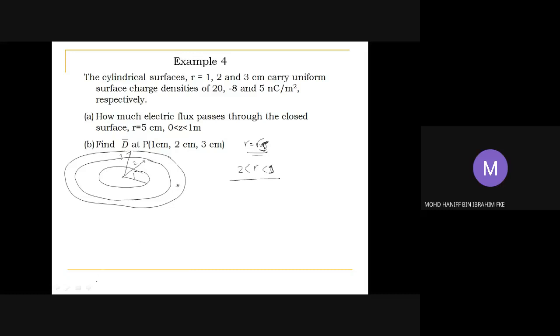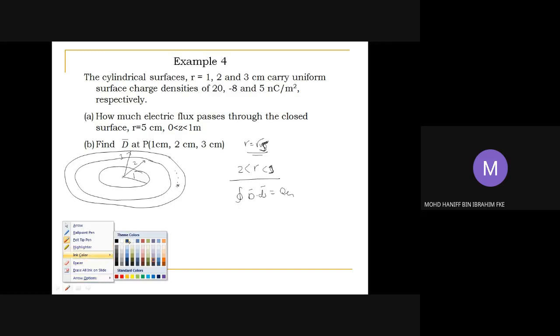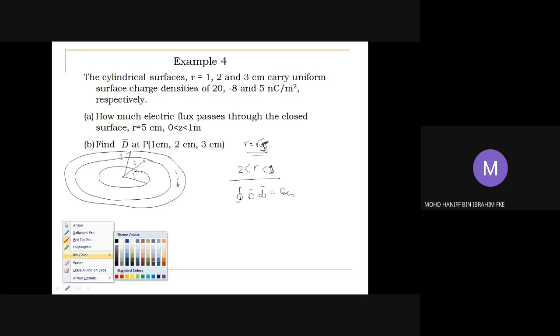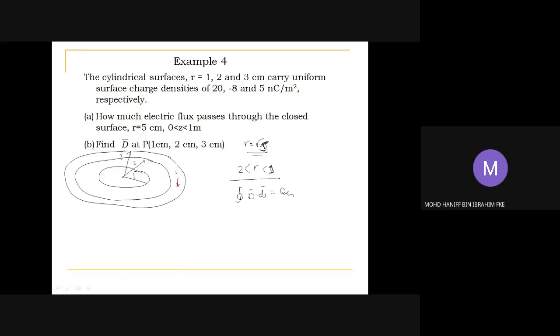When you apply the Gaussian surface, D dot dS should equal the enclosed charge. That should be a Gaussian surface between 2 and 3, and we assume it has a height of L, for instance.